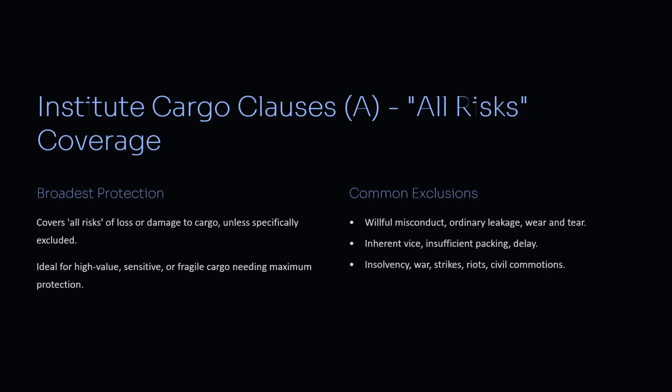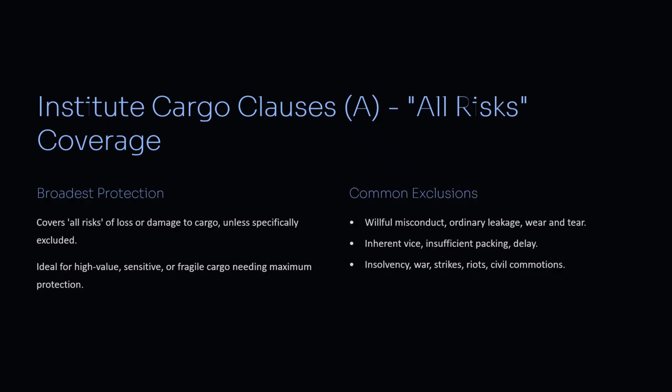However, there are some common exclusions you need to be aware of. These include things like if you intentionally cause the damage, normal wear and tear, or if the goods naturally spoil or deteriorate, what we call inherent vice. It also excludes losses due to insufficient packing or losses caused purely by delays.